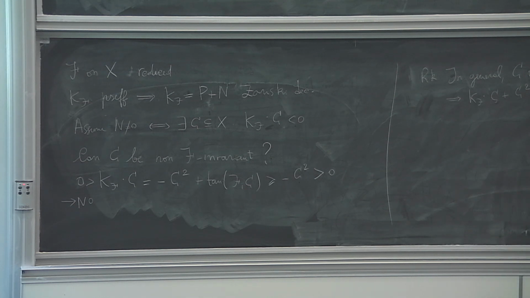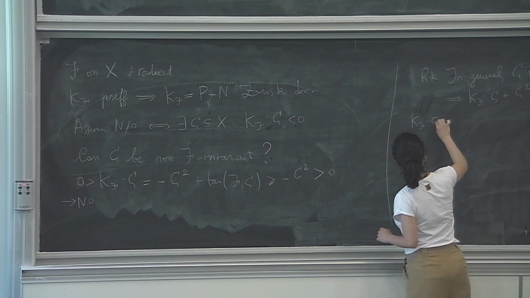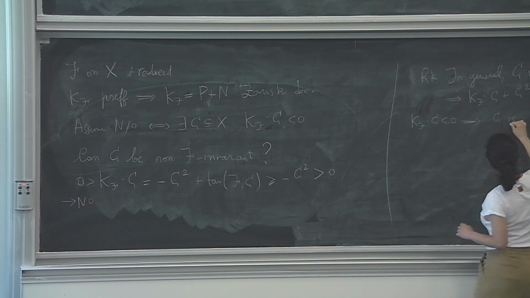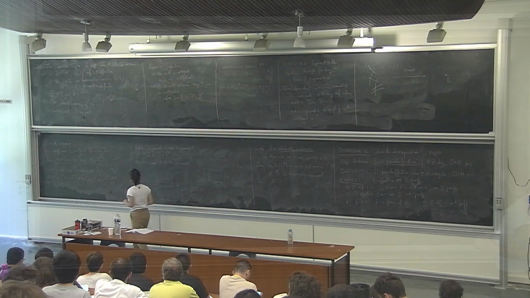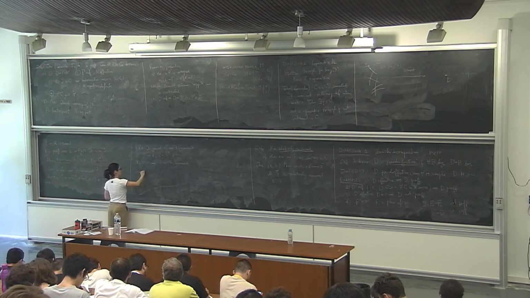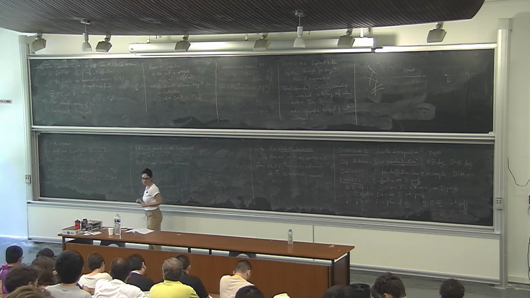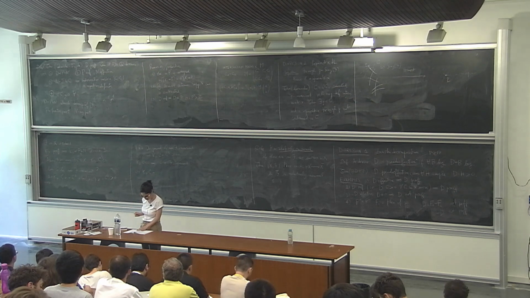Okay, so then C is F-invariant. And we compute the intersection with our other adjunction formula.